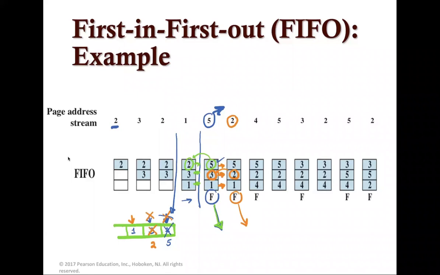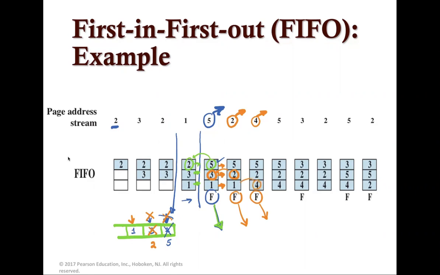Now with the arrival of page 4, it's not in the main memory, so a third page fault will occur. Also, we need to decide which one to replace. So now we have to replace the page where the pointer is pointing, which is number 1.